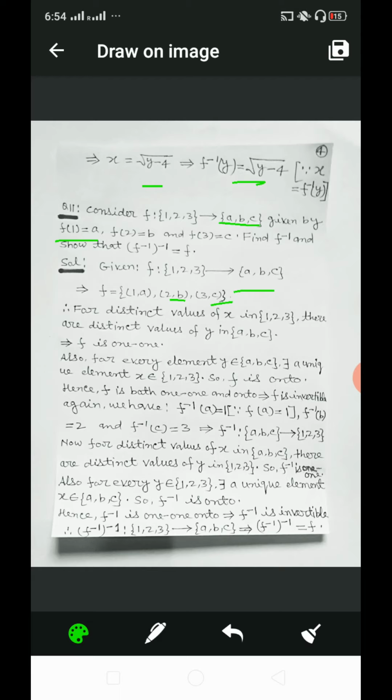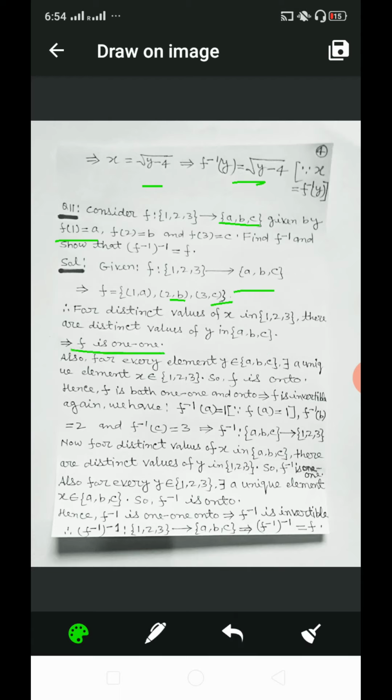So we see that for distinct values of x in the set {1, 2, 3}, there are distinct values of y in the set {a, b, c}. So we can say that f is one-one.